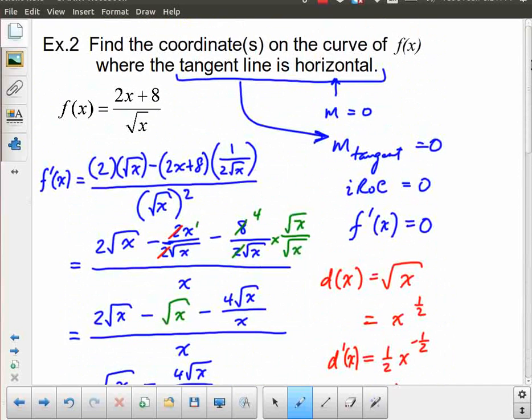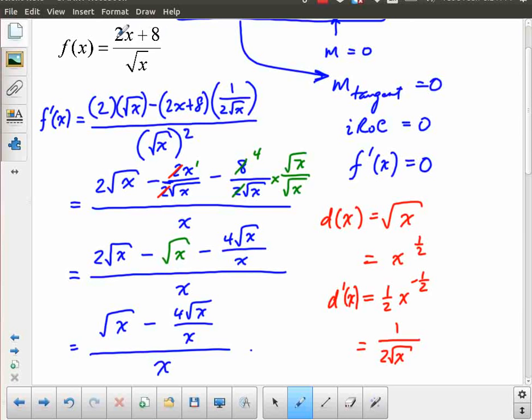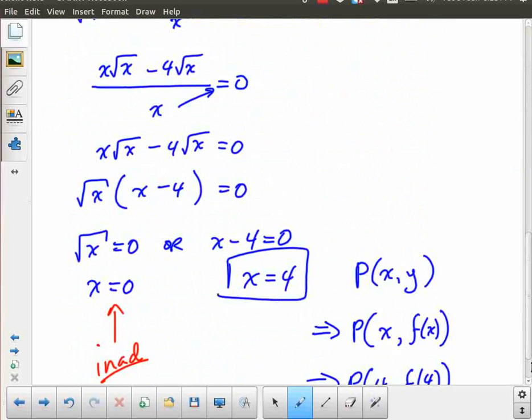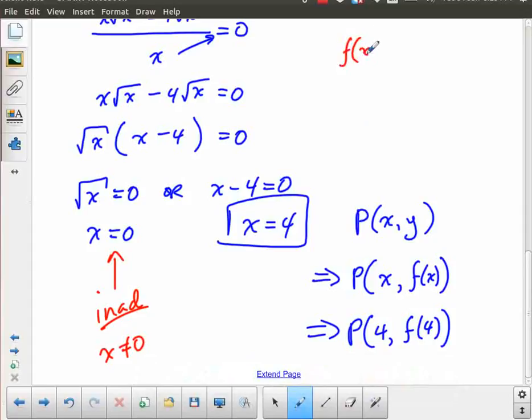We go all the way to the original function just to remind ourselves of that again. f of x is equal to 2x plus 8 over the square root of x.